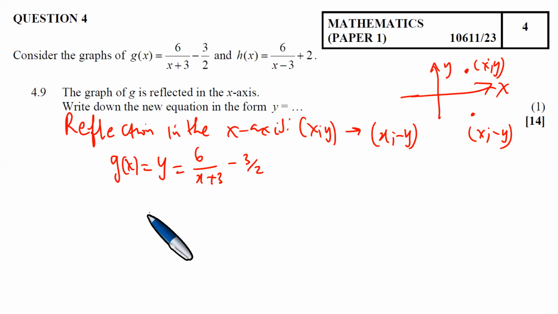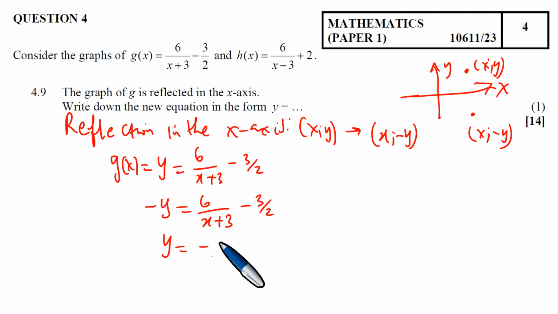And then you have that y itself is now negative, and it is 6 over x plus 3 minus 3 over 2. Okay, if you want to solve for y, which becomes minus 6 over x plus 3, you divide here, which is plus 3 over 2. Right, so this is what we get.